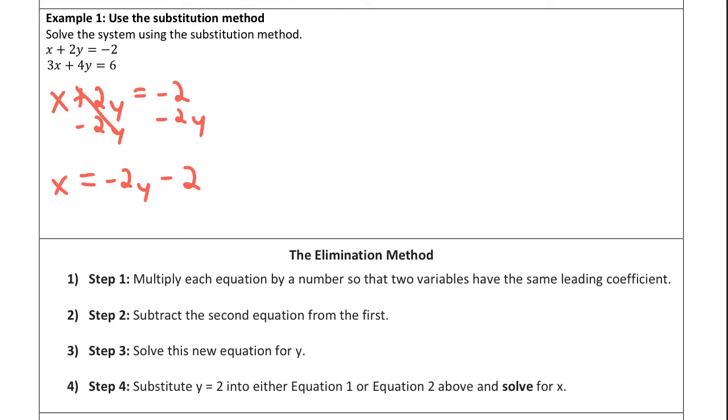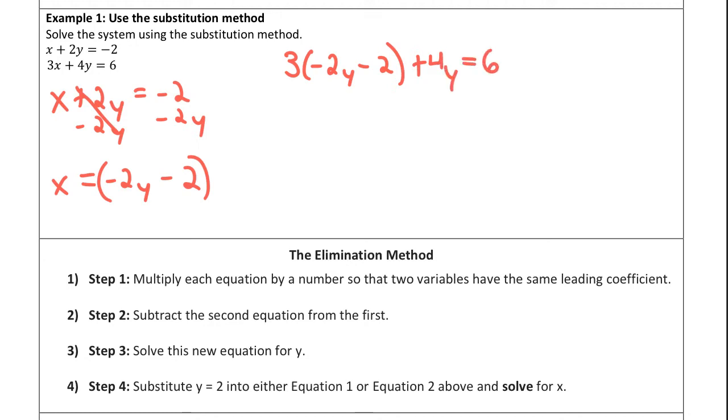I'm going to take this expression, negative 2y minus 2, and I'm going to substitute it into the second equation. So what that becomes is 3 times, I'm substituting out x and putting in this entire expression, plus 4y equals 6.